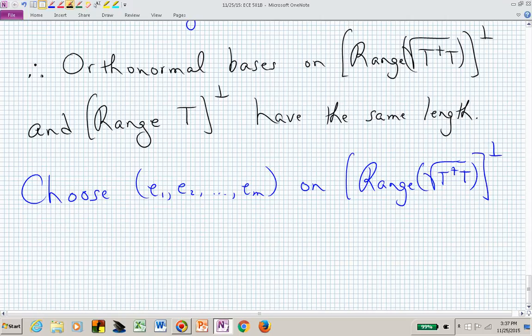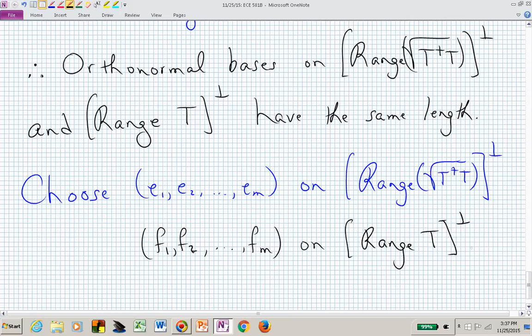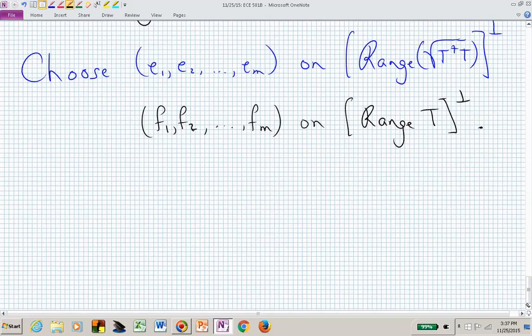And let's now select another orthonormal basis set, again of the same length, on the orthogonal complement to the range of T. We know that they're the same length. We can now find an orthonormal basis for each of those spans.